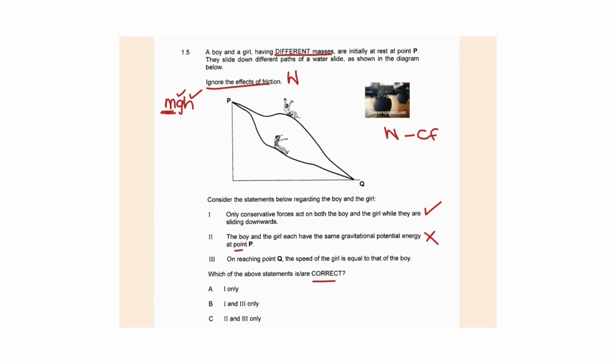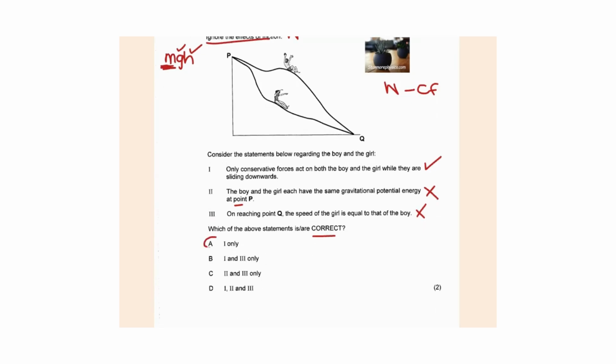On reaching point Q, the speed of the girl is equal to that of the boy. Is that correct or not correct? That would not be applicable also, because still they have different masses, so there's no way that they can have the same speed. So it means our correct option here is going to be A only.